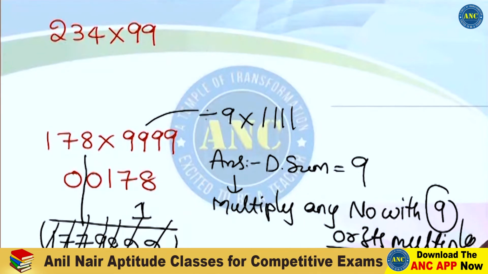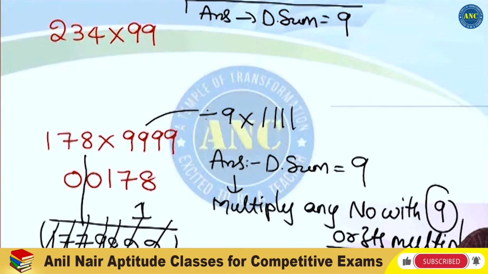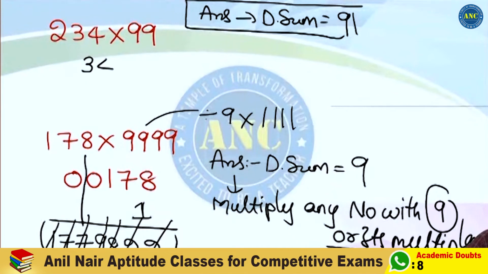Before solving this question, check with the answer whose digital sum is 9. Sometimes probably 3 options can be eliminated. If you are able to eliminate only 2, then use this approach.